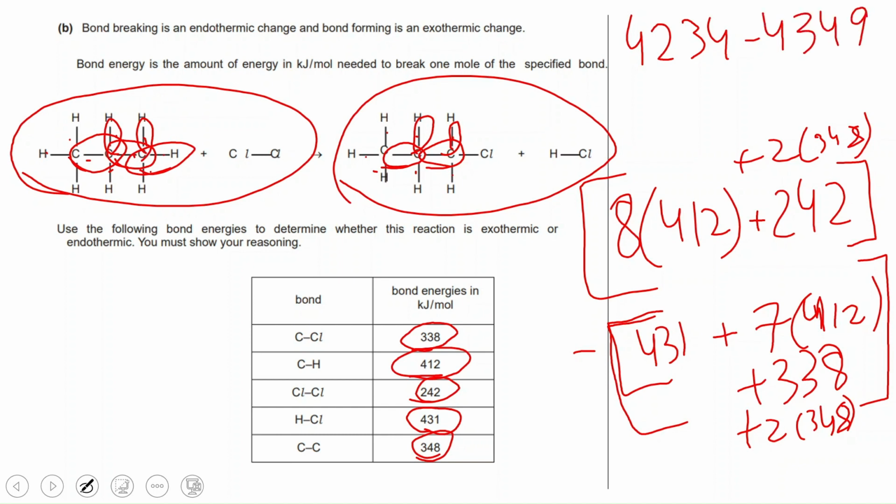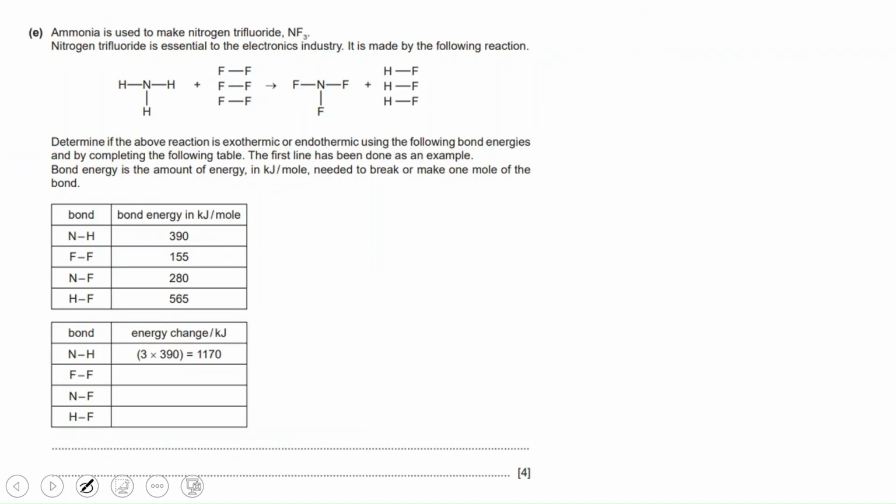And this, if you subtract them, is negative 115, which means that this is an exothermic reaction because delta H is negative. And that is basically it, right?